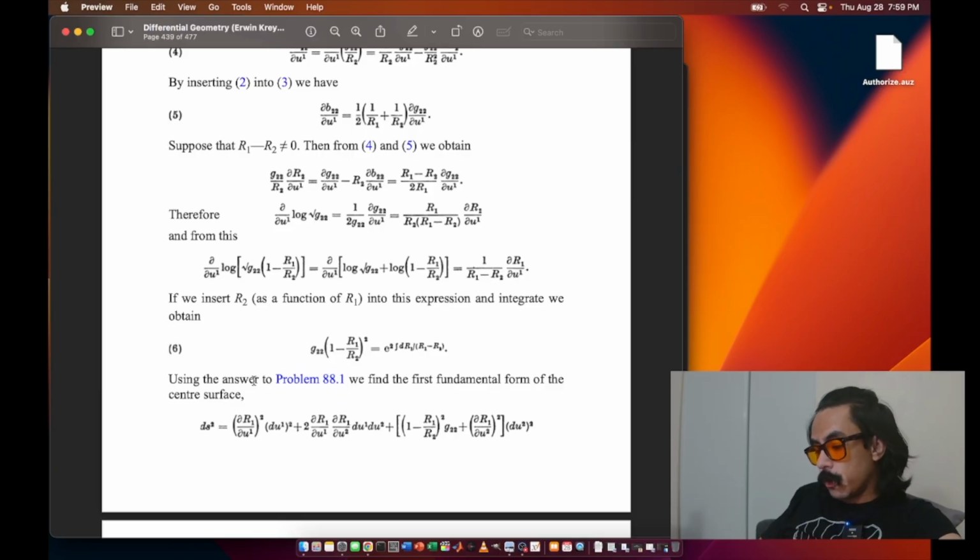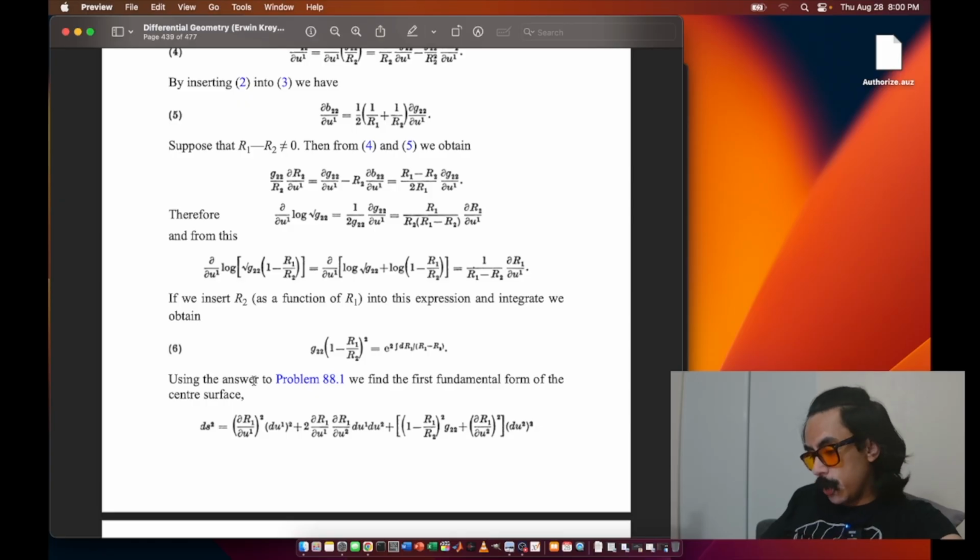Therefore, partial with respect to u1 of the logarithm of the square root of G sub 2 2 is equal to 1 over 2 times G sub 2 2, times partial G sub 2 2 partial u1, which is now all equal to a fraction with numerator R1 over a denominator of R2 times the quantity R1 minus R2, closed quantity.